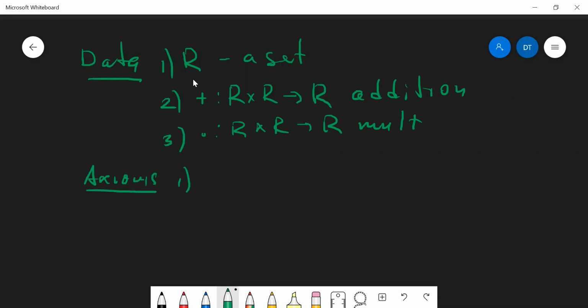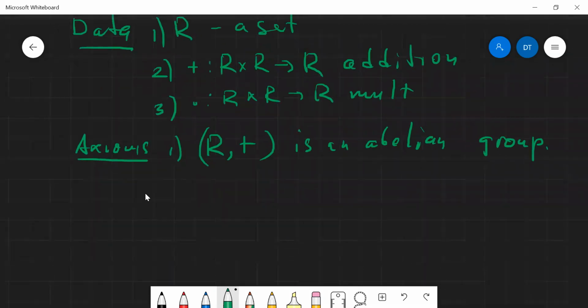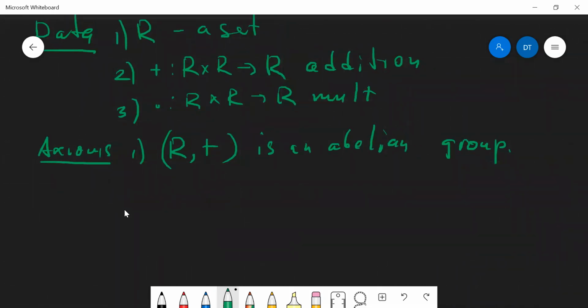Axiom number one: R with the plus, so if you consider the set R with just the first operation, which is addition, is an abelian group. Let me state this explicitly.